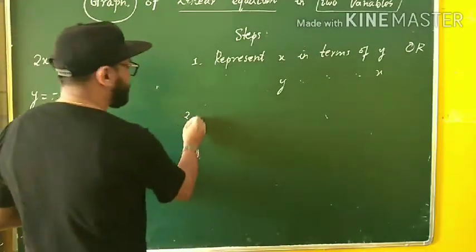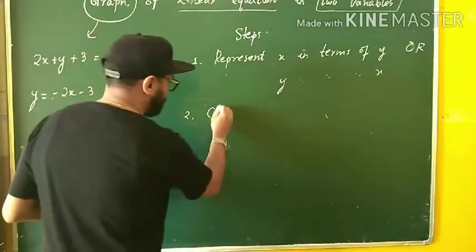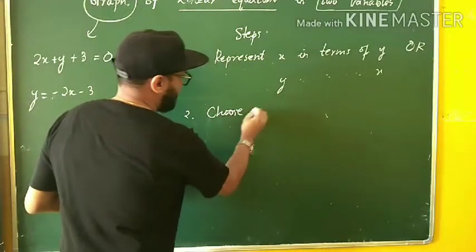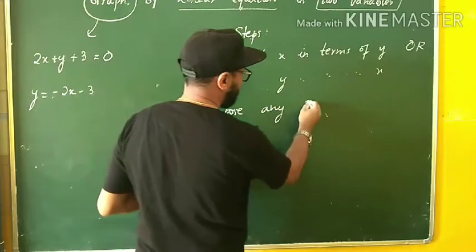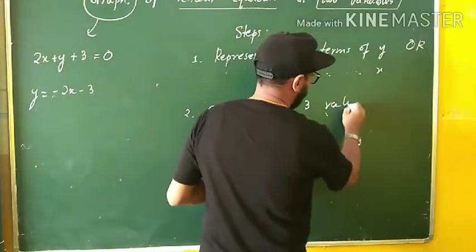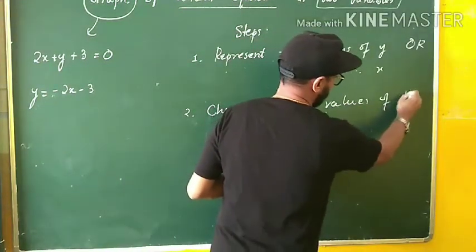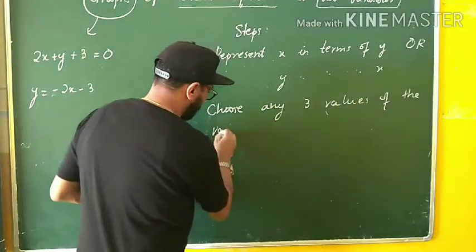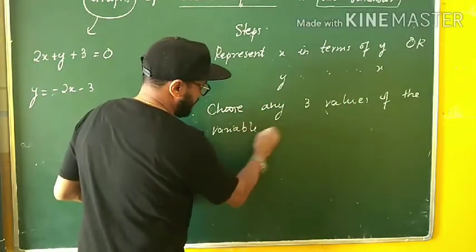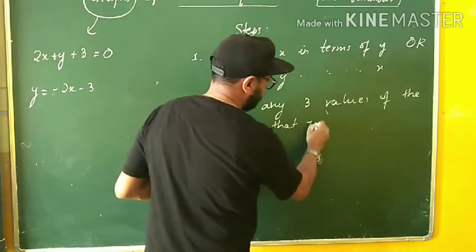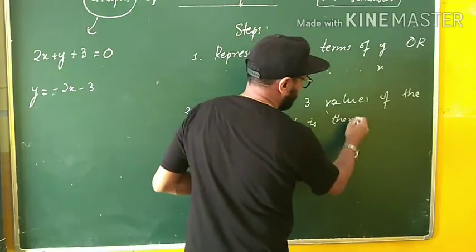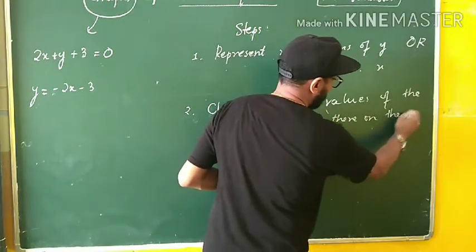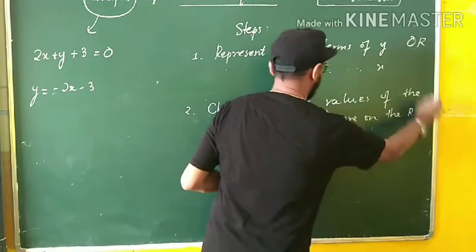Now, step number 2. We have to choose any 3 values of the variable that is there on the right hand side.